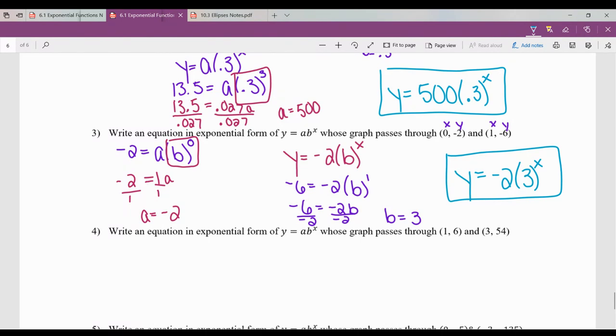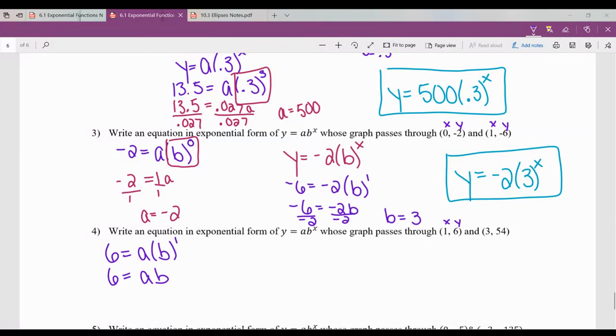All right. So for the next one, we're going to do the same exact thing. We're going to start out with my given point, which is 1, 6, so x and y. So we've got 6 equals a times b to the x, which is 1. So we've got 6 is equal to a times b. Oh, well, that's weird.